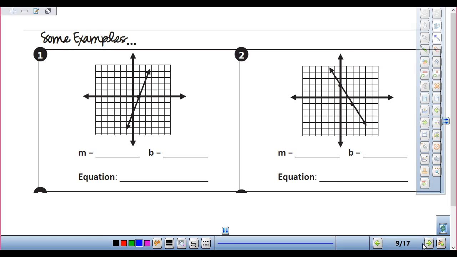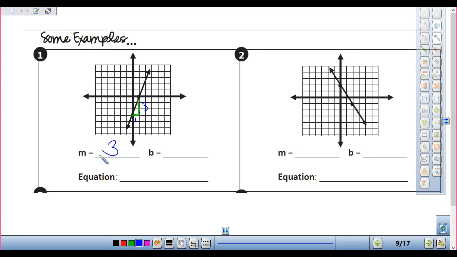Alright, so first thing I need to identify is the slope. Remember we just talked about slope being rise over run. So what's my rise? 3. My run is 1. Is this going uphill or downhill? Uphill, so my slope is 3.